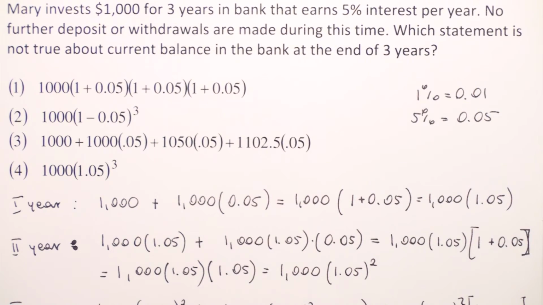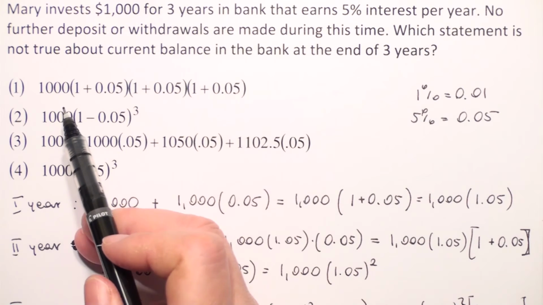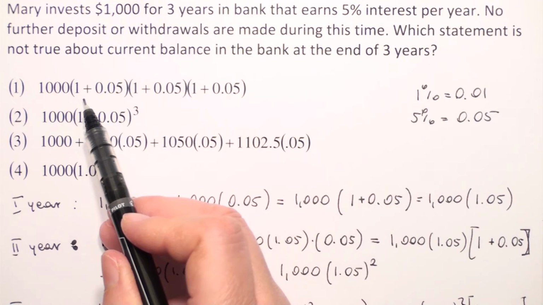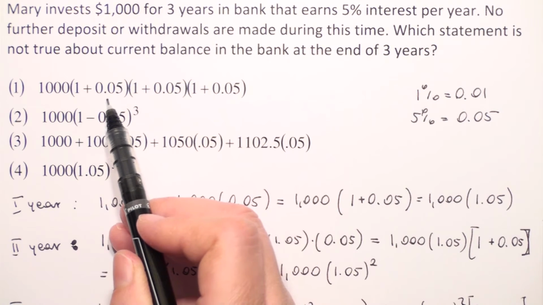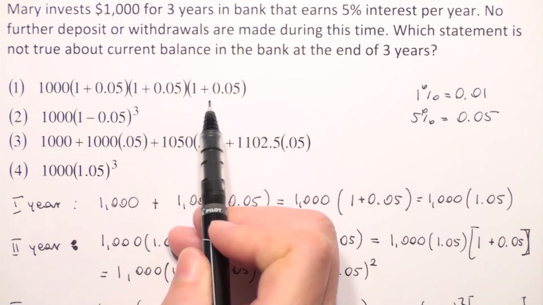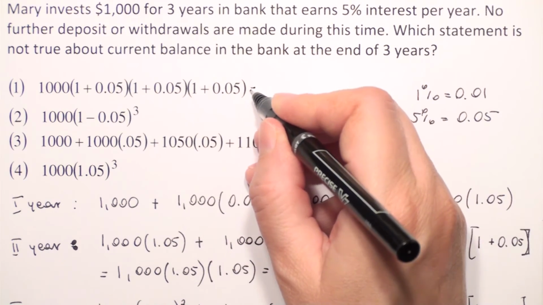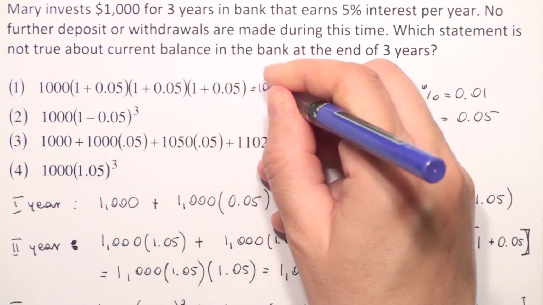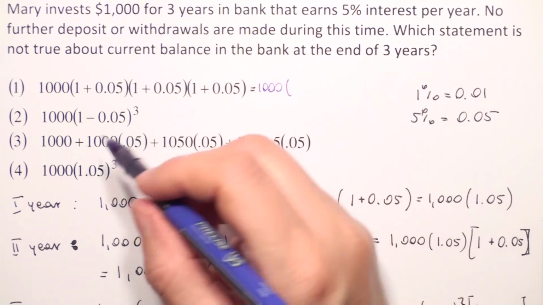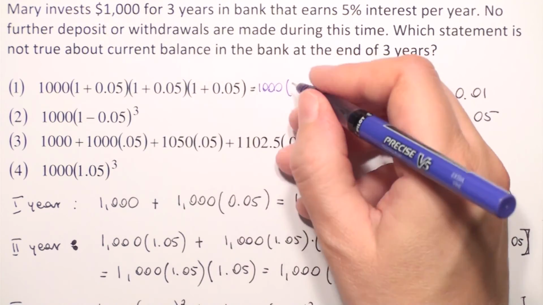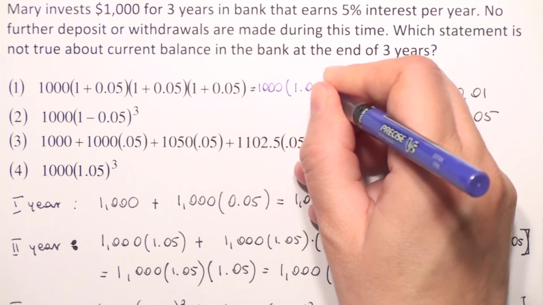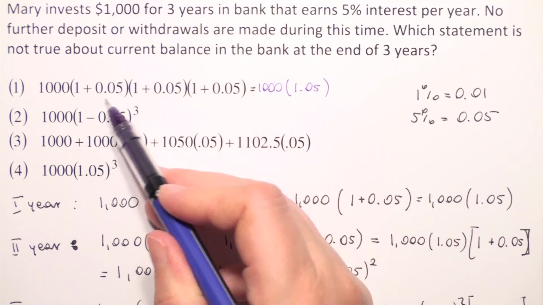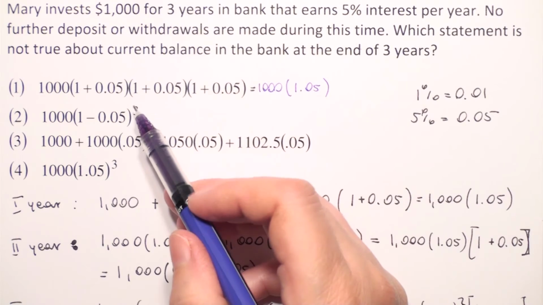So let's see which expression this is. In the first, we have 1,000 and in parentheses 1 plus 0.05. Again the same. So we can rewrite that this is equal to 1,000 times 1 plus 0.05, so this is 1.05, and we have 1, 2, 3 expressions, the same expressions.